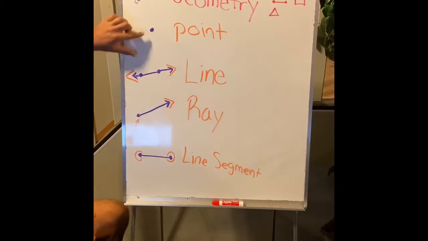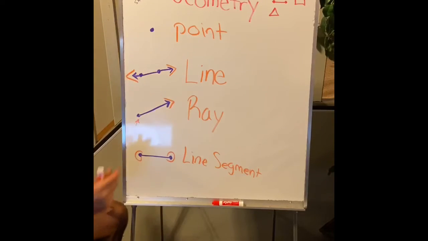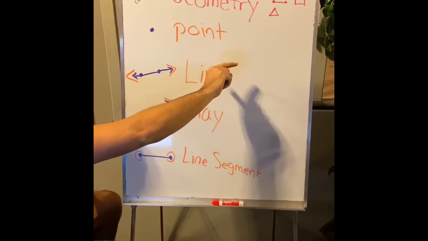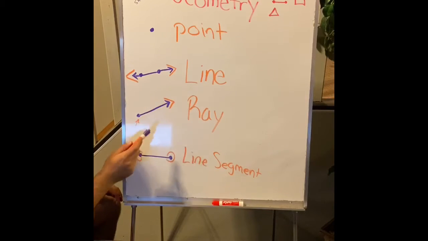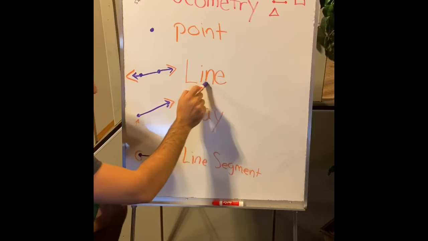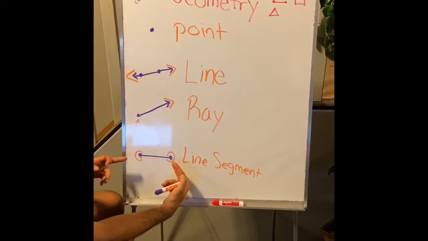So remember, we have a point, a line that keeps going on forever, our ray, which has 1 endpoint and then keeps going in that direction, and then our line segment, which has 2 endpoints.